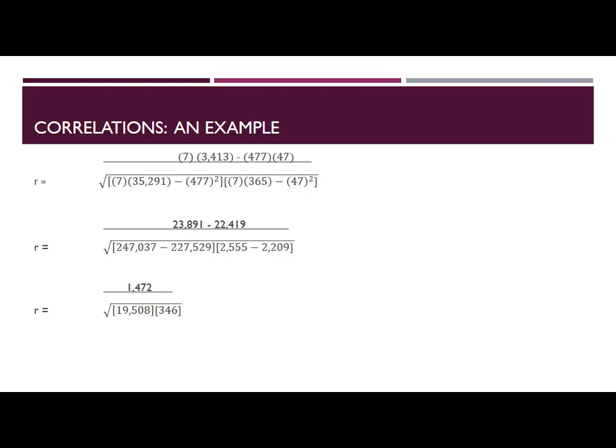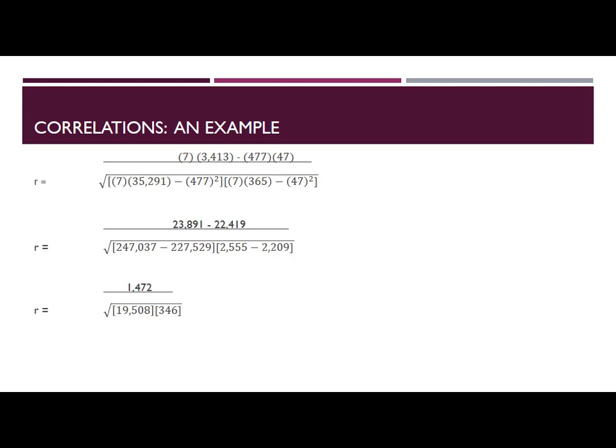All right, so once I've subtracted the values from the middle row down, then on the bottom, I see that I've reduced everything down to nearly a fraction. That's pretty manageable. 1,472 as a numerator, and then the square root of 19,508 times 346 on the bottom, or the denominator.